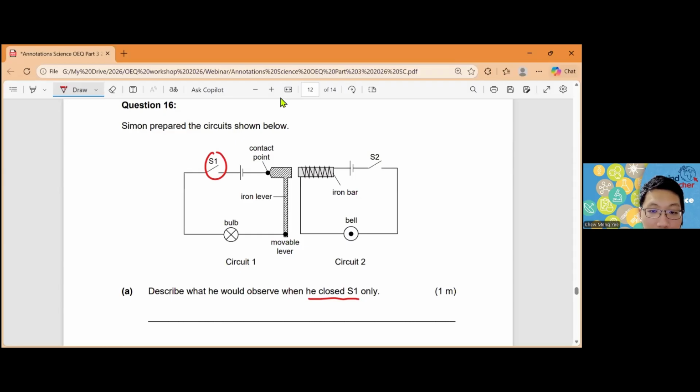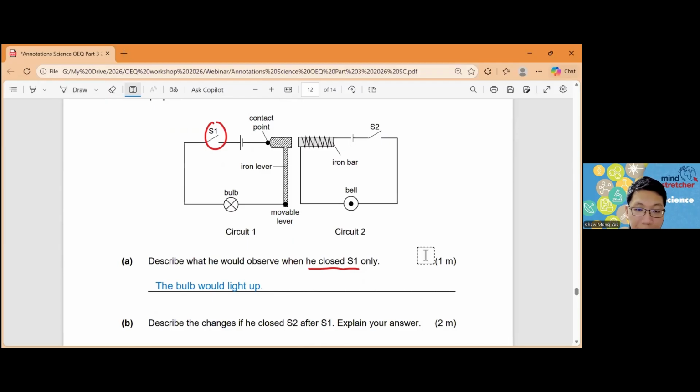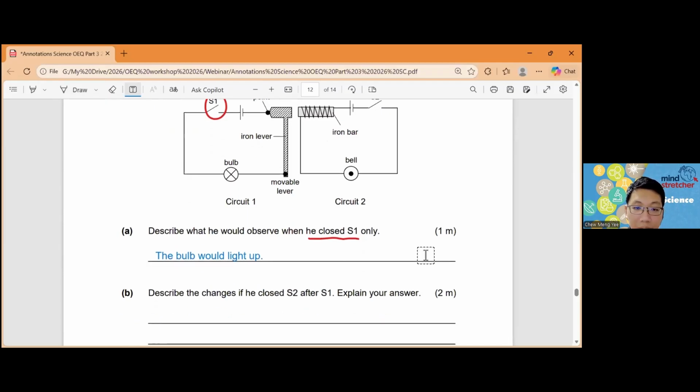So once S1 is closed, circuit 1 becomes a closed circuit with the bulb and the iron lever, which is a good conductor of electricity. So it's going to be a closed circuit, and the first thing that will be observed is that the bulb will light up. I think this one is pretty straightforward. As long as you can tell it is a closed circuit, the bulb would light up. This one should not be a problem.